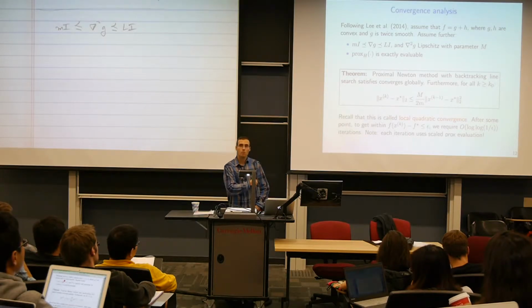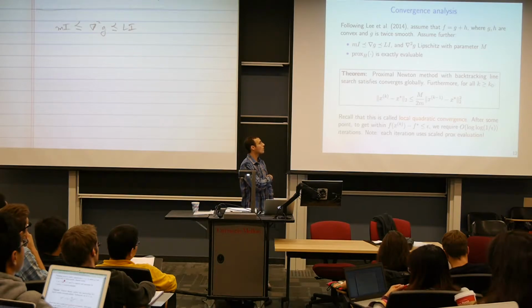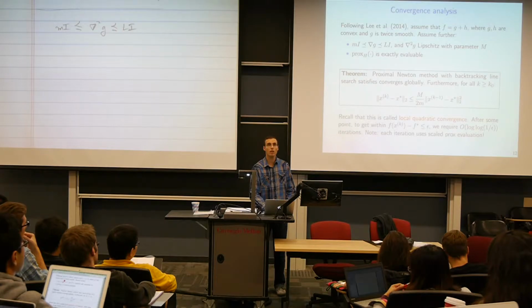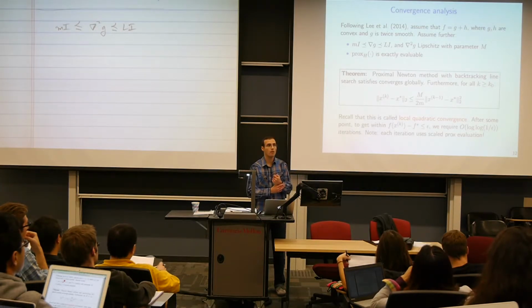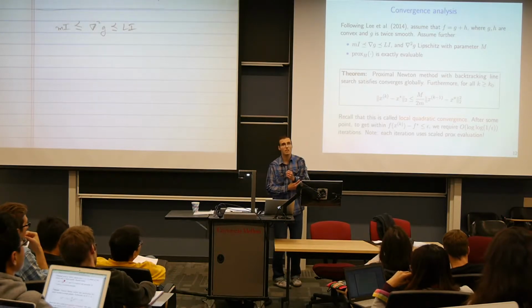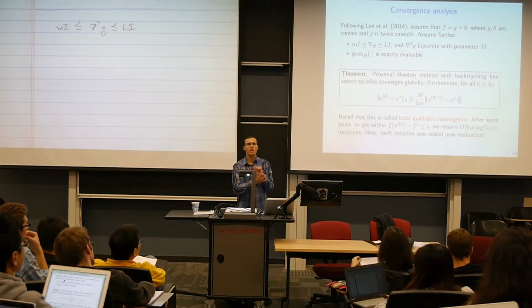It's not realistic for proximal Newton because we almost never know the scaled prox in closed form. So we have to run some kind of inner optimization, and this particular result is not accounting for that. It's not accounting for these noisy scaled proximal evaluations. One of the contributions of this paper is to prove a convergence result even outside of that case. So I think I cite it in these slides as well.